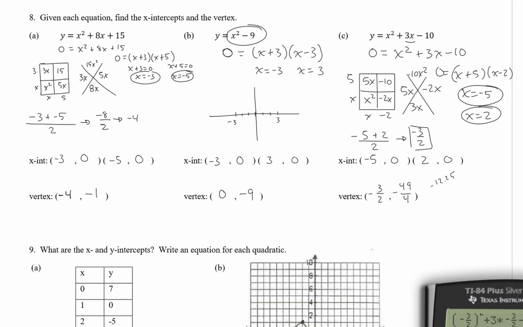If a times b equals 0, then either a or b is 0. So it's easy for us to find x-intercepts because those are values of x that make y equal 0. And then the vertex is the one that's right in between those two, so we were looking at the in-betweens. Once I knew what x had to be, I plugged that into the original equation to figure out what y was.